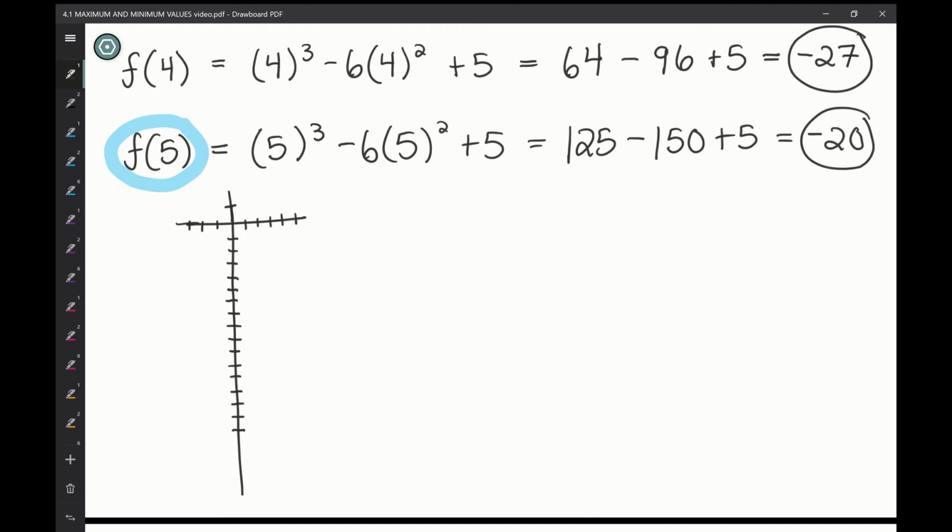So f of negative 3 is negative 76. So that's my point negative 3, negative 76. f of 0 is 5. f of 4 is negative 27. So 5, 10, 15, 20, 25, roughly 27.